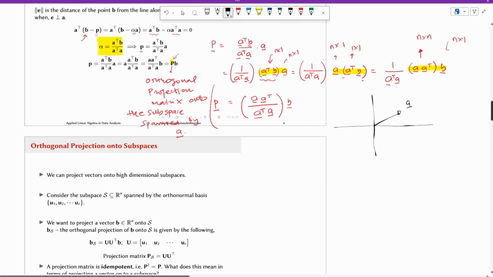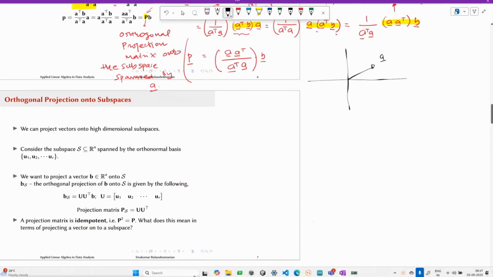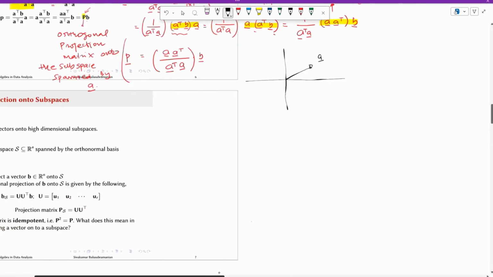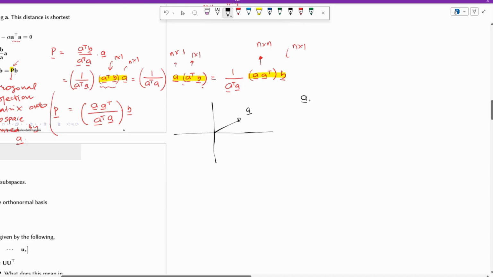Let's say A is 1 1. What is the orthogonal projection matrix P onto the subspace spanned by A?